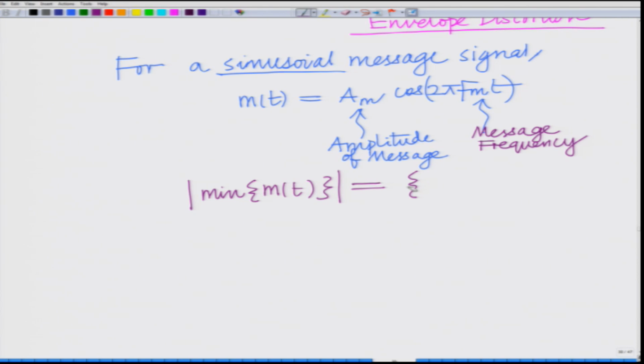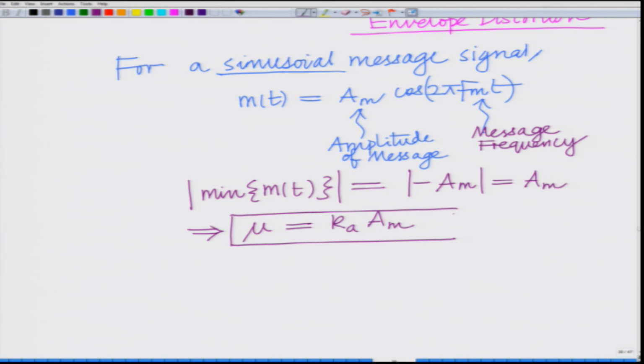So, the magnitude of the minimum of Mt, if Am is positive, is Am, which implies mu equals Ka times Am.